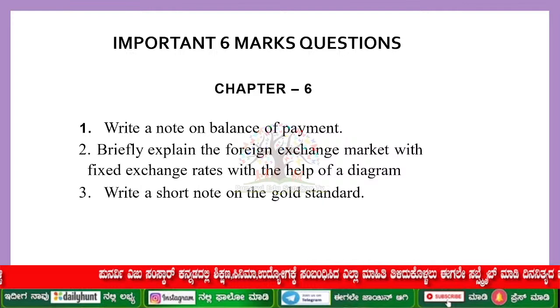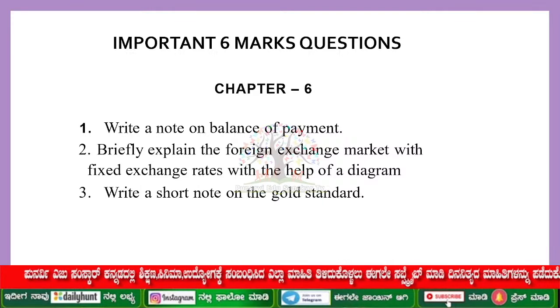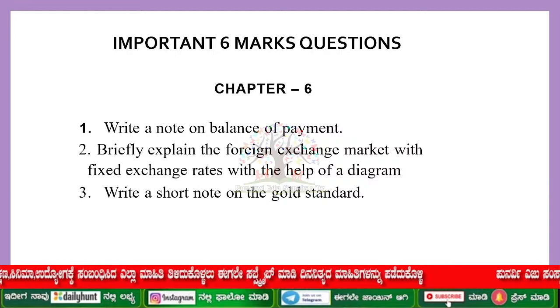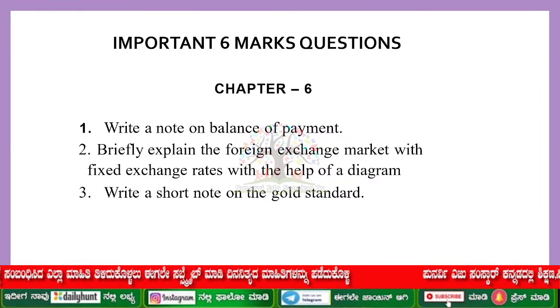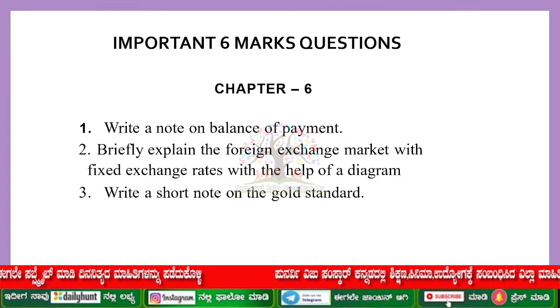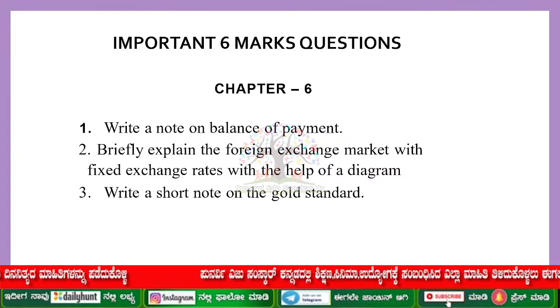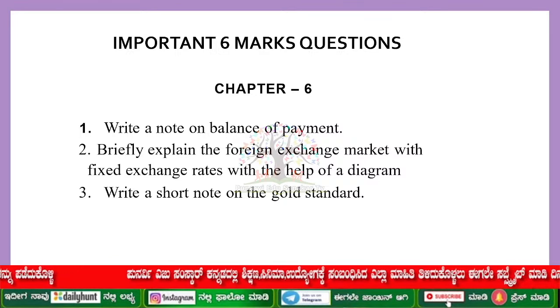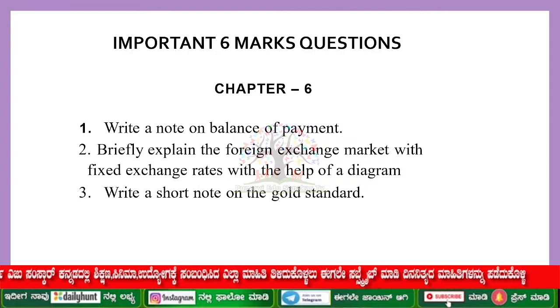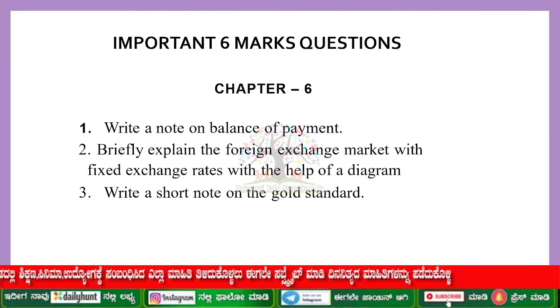Next one is under chapter 6 of macroeconomics. There are 3 questions. Out of 3 questions, you can expect one 6-mark question. One is balance of payment. The second one is briefly explain the foreign exchange market with a fixed exchange rate with the help of a diagram. Then write a note on the gold standard.